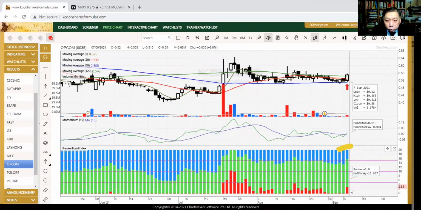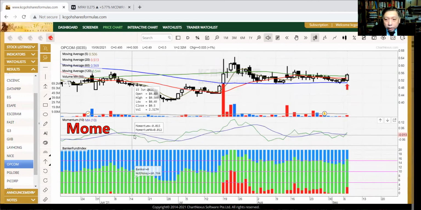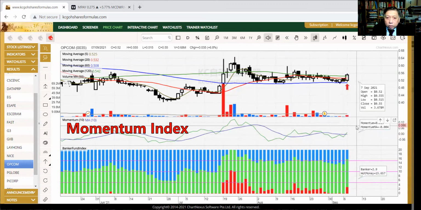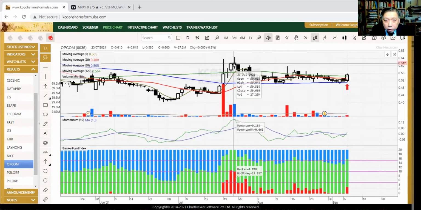banker indicator. Also, you can see the bankers are at about 18 to 20%. And the second window is a momentum index, which also curves up. Today it closed at 55 cents, so your target is 64.5.